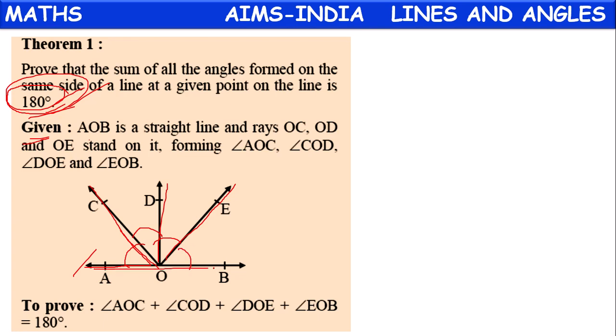So three rays are standing on a straight line, forming four angles. All four angles on the upper part of the line are on the same side of the line. Then we have to prove that angles AOC, COD, DOE, EOB have a total sum equal to 180 degrees, because all of them are located on the same side of the line.